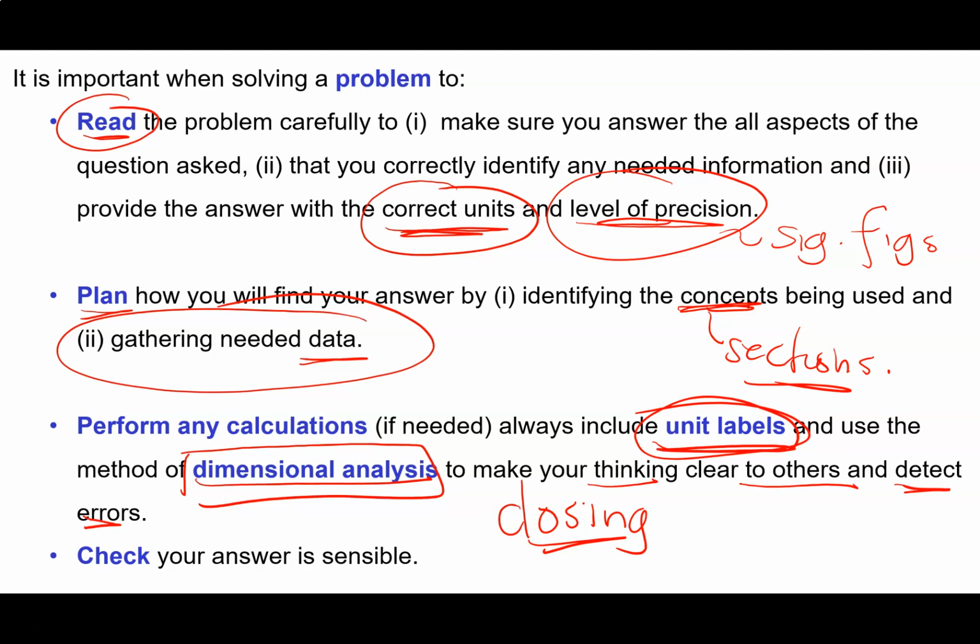It also means if something does go wrong, or for some other reason somebody needs to look at your work, they can follow it through and see where you went right and where you went wrong very easily.